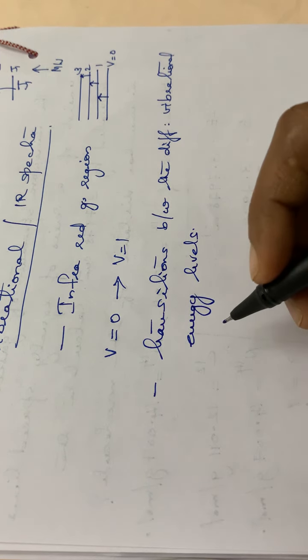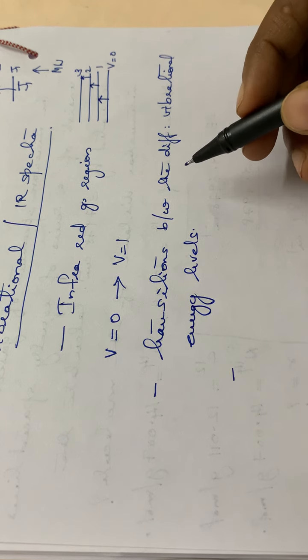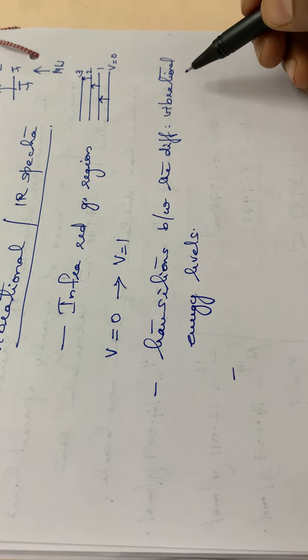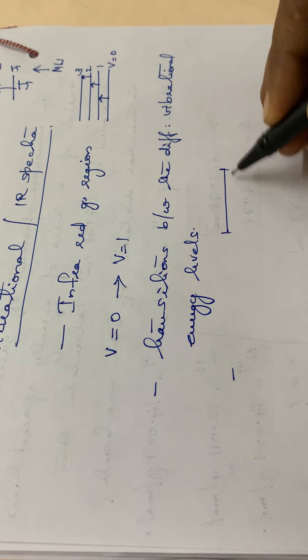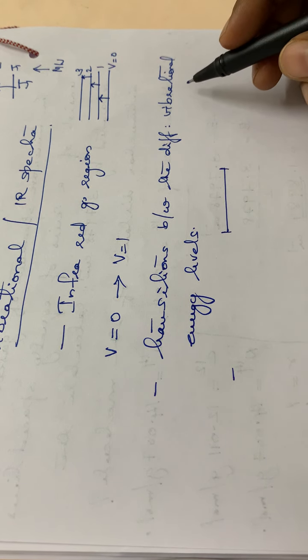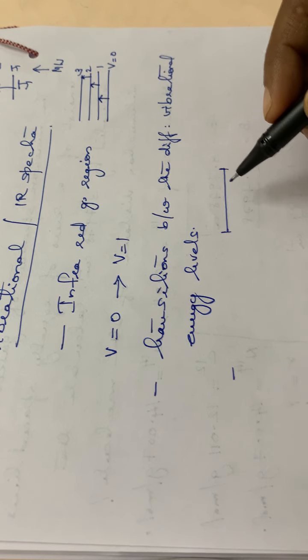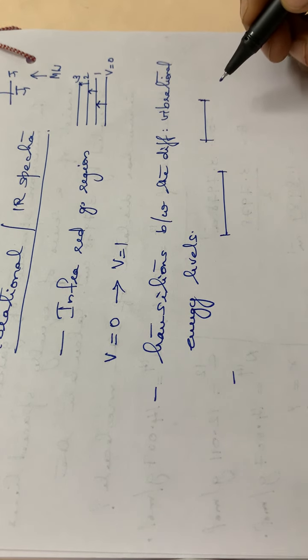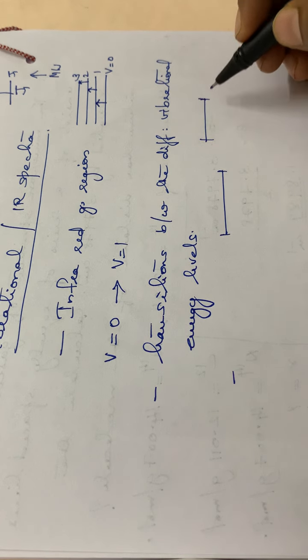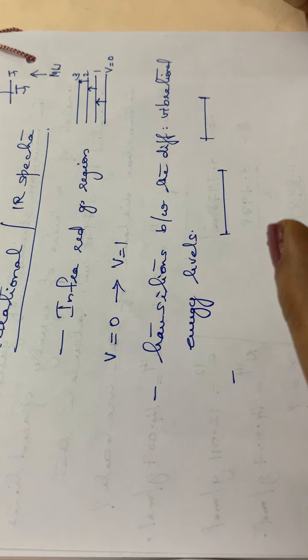And also here, what happens after absorbing energy from the IR region? The molecule will be vibrating, isn't it? We can compare this vibration of a molecule with the elongation of a rubber band. If we give some energy for stretching, that rubber band will be stretching.